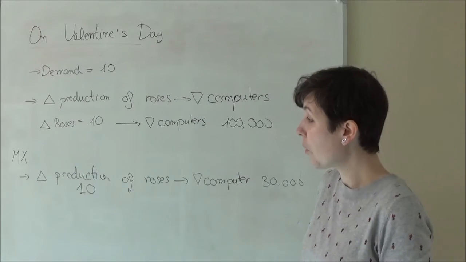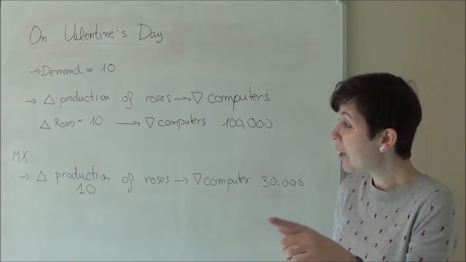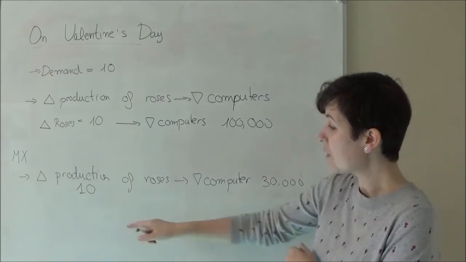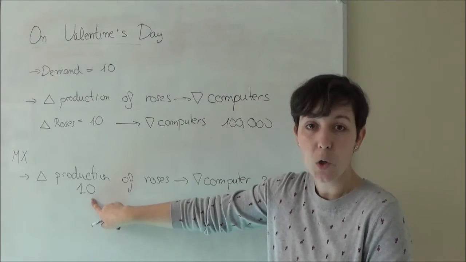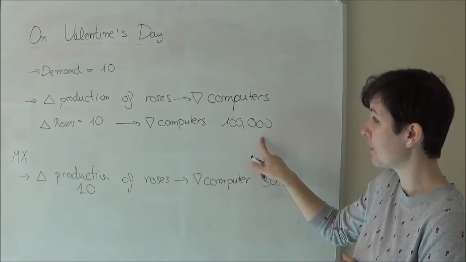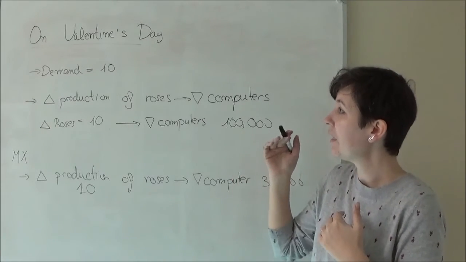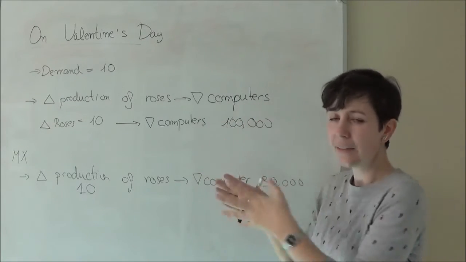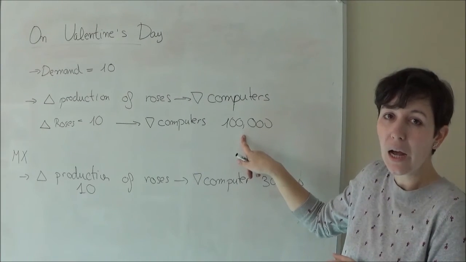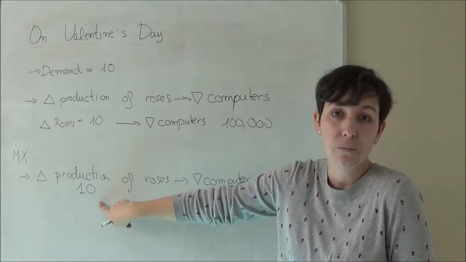In fact, we are going to observe that in Mexico it's cheaper in terms of opportunity cost, because if this economy, instead of producing computers, starts to increase the production of roses, it is going to reduce the production of computers less than the United States. So the idea that comes to our head is, okay, if I'm the United States, instead of producing roses that have a really high opportunity cost, I'm going to buy the roses from Mexico.